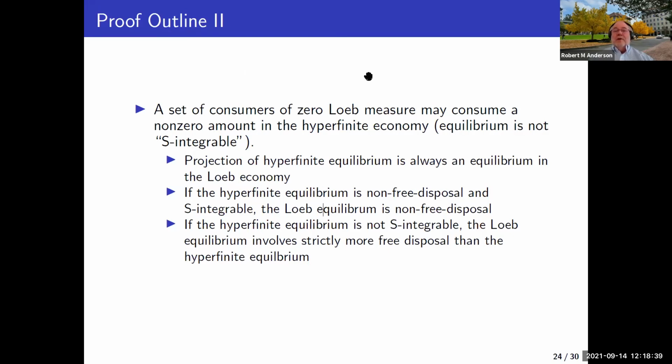As I noted earlier, in a finite economy model, a small group of agents, or even only one agent, can absorb most or all of the pollution. And in the Loeb measure economy, that can happen for a set of agents of measure zero. A set of agents of measure zero may consume a non-negligible amount or even all of the pollution in the equilibrium.